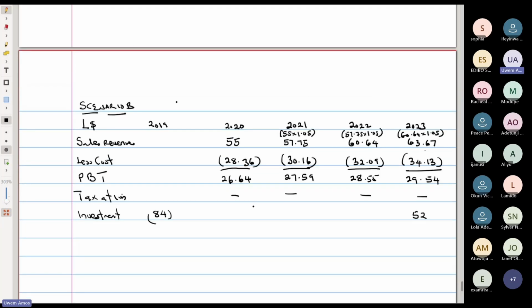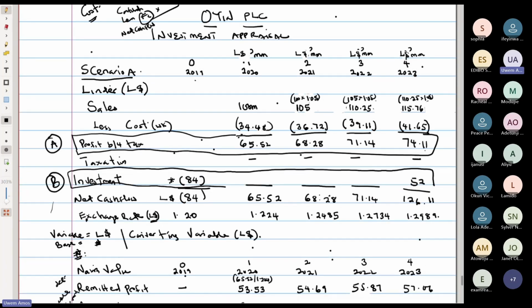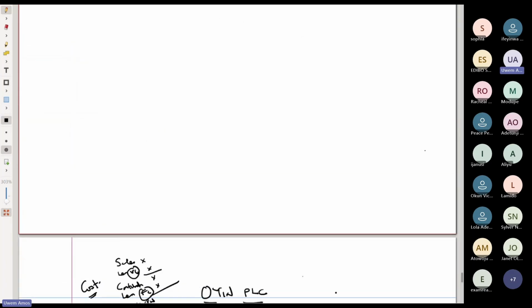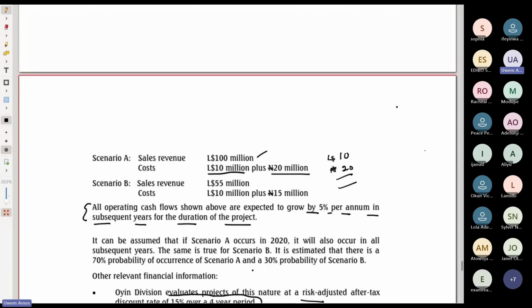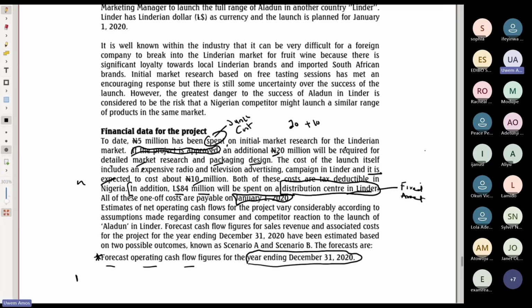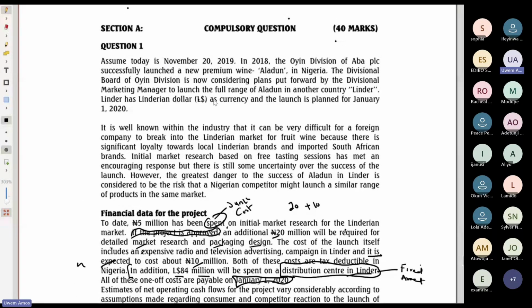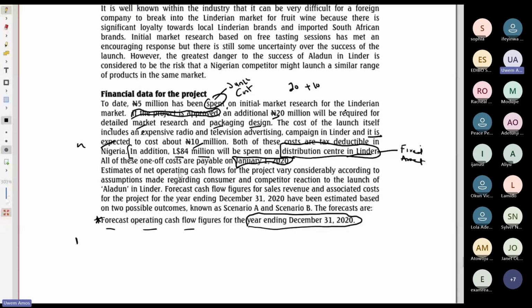Okay, so what next? Let's double check if there's anything else that is specific to scenario B apart from the change in revenue. Just double checking that we've not missed anything. This is for everyone. There's nothing specific to scenario B here.